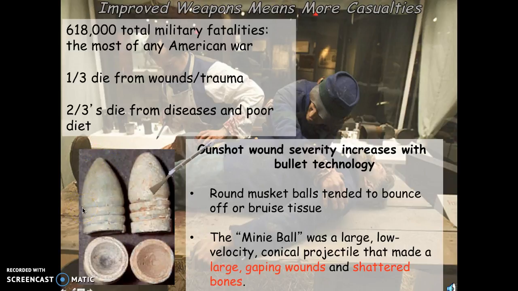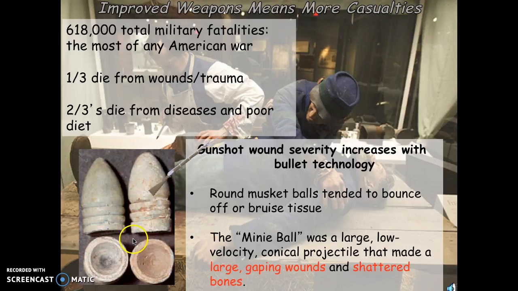So it's going to go further, faster, and it's going to be more accurate. And it's got these grooves here to kind of hook into the rifling, the ridges inside of the rifle's barrel, and that sends the bullet speeding out in a spiral shape, so it's going to make it a lot more deadly and accurate.